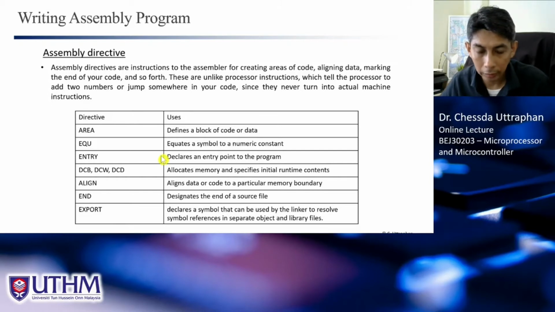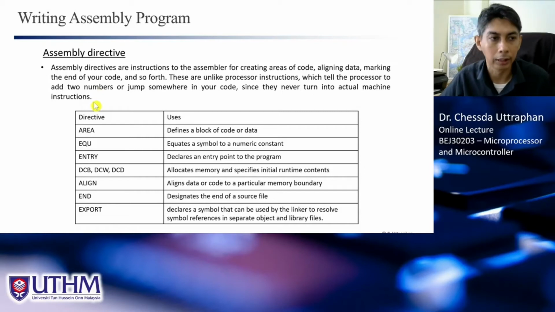So to learn microprocessor, the best way is to know the instruction set and to learn the assembly language of that microprocessor, right? So in this course, we will start programming by learning the assembly language of this microprocessor, the ARM microprocessor, right?